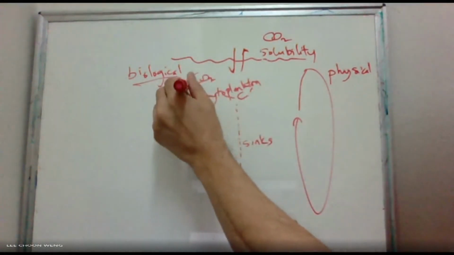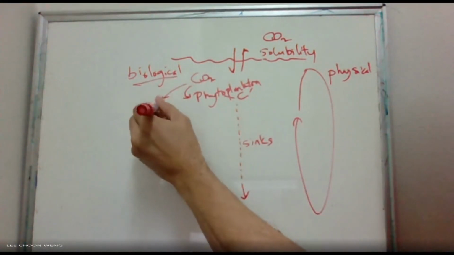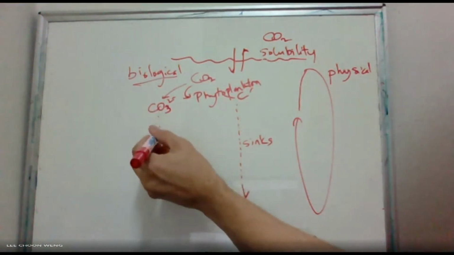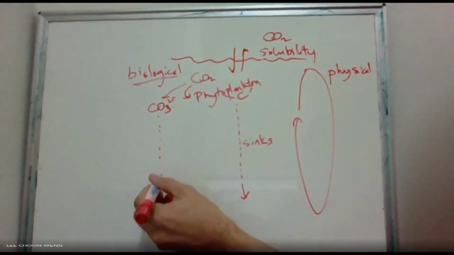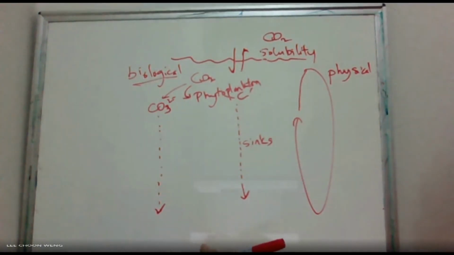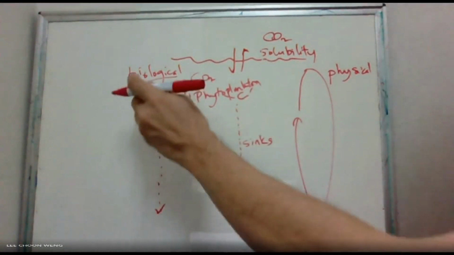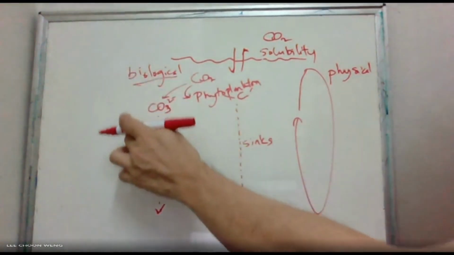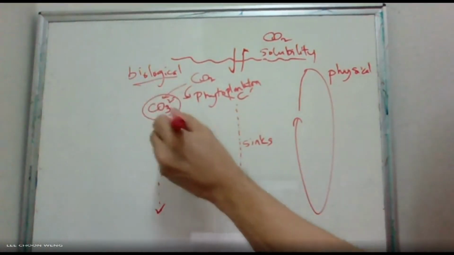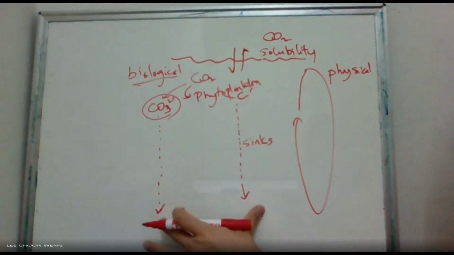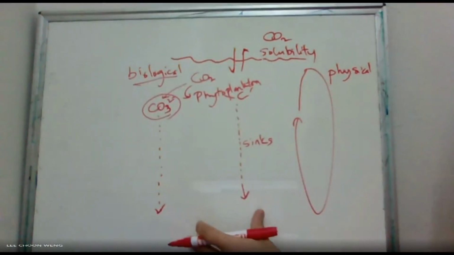CO2 can also be incorporated as a calcium carbonate shell, which also sinks at the end of the life cycle of the organism. So this is also a biological pump, but in the form of carbonate incorporation. So these are the biological pumps at work.